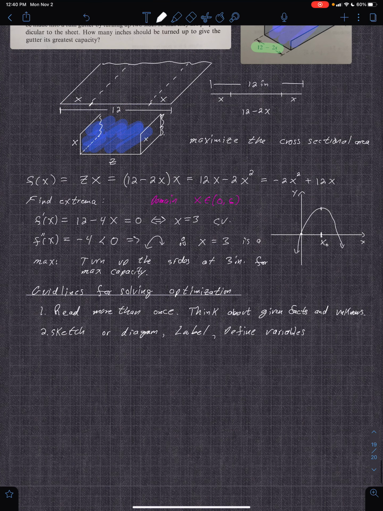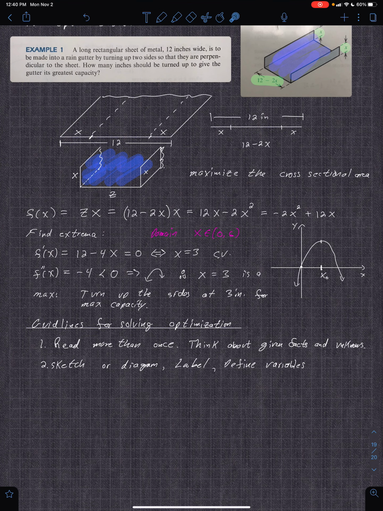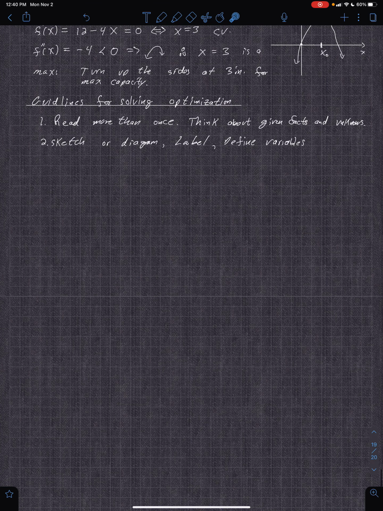We did that back here, right? We sketched what's going on. This one was given, but it's usually not going to be given. You start labeling different things. First I said it was Z, but then I figured out what that had to be, that kind of stuff.